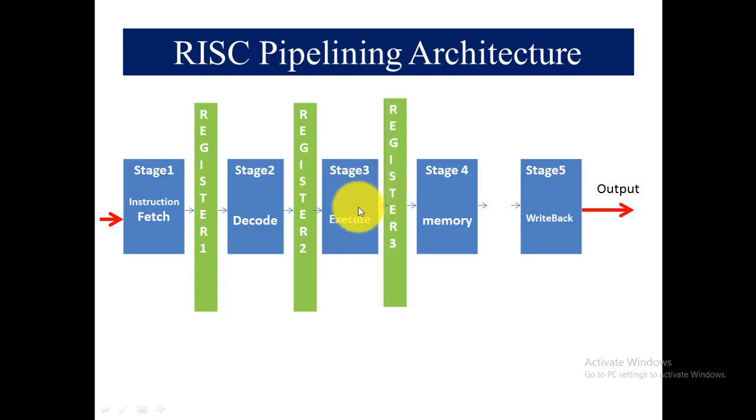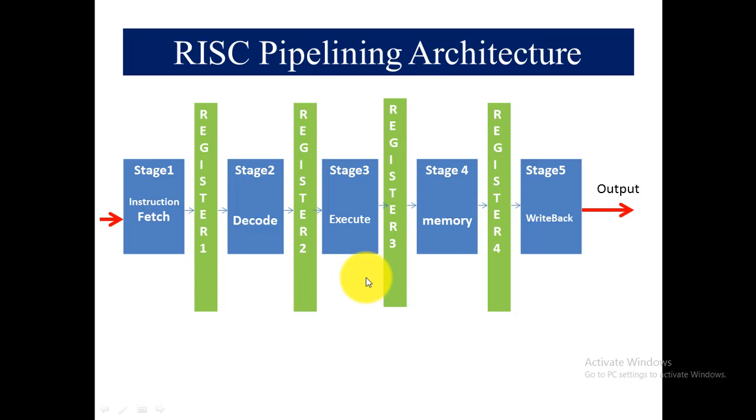In the same way, the third register saves the results of execution and gives the input to store into the memory. In the same way, the next, fourth register.